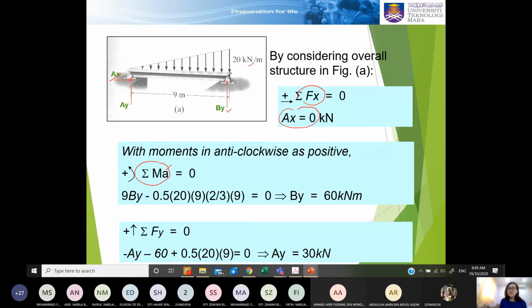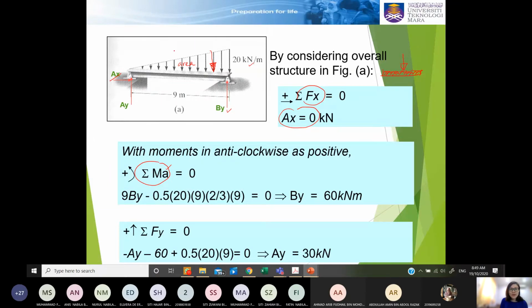If it is a UDL, a rectangular loading, to get the resultant you take the area of the rectangle. Similarly for triangular loading, if you want to take the resultant, you take the area of this triangle.